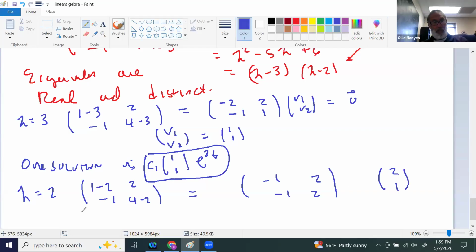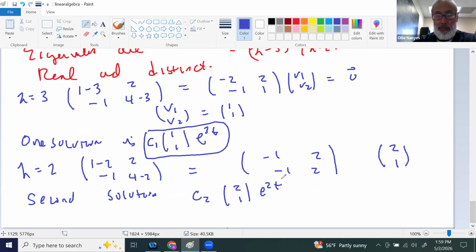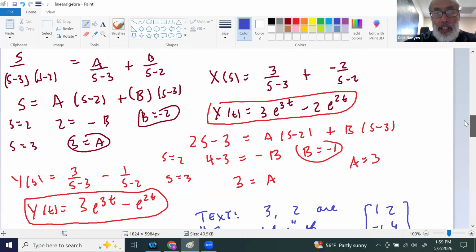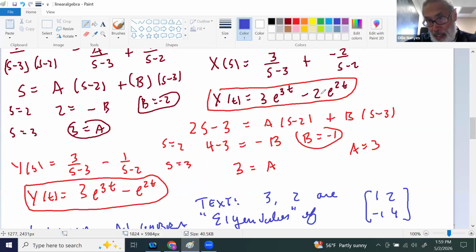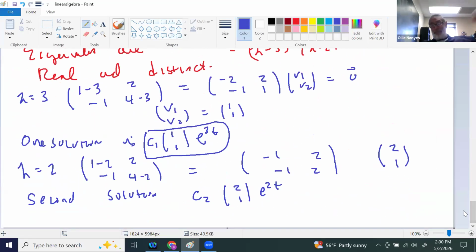So the second solution would be C2, 2, 1, e to the 2t. The x coefficient is twice as big as the y coefficient. And if we go back to our solution here, the x coefficient for e to the 2t is twice as big as y. So basically we got the right solution. We just hadn't applied initial conditions there.